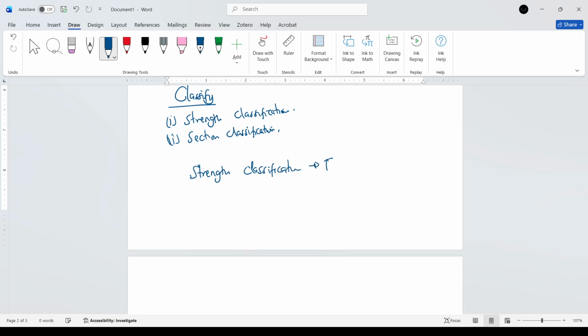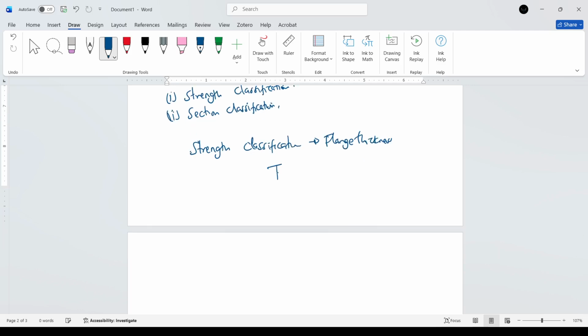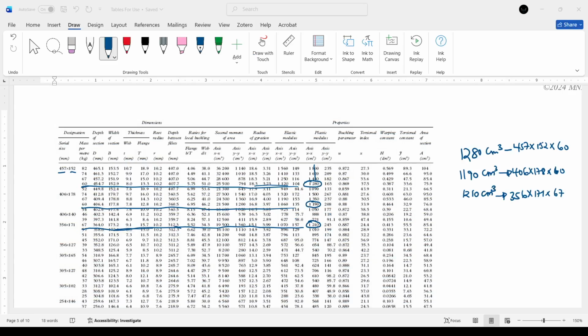is based on the flange thickness. Okay, flange thickness T. Okay, so let us go back to our diagram here, our table. Let me take you back to a table.